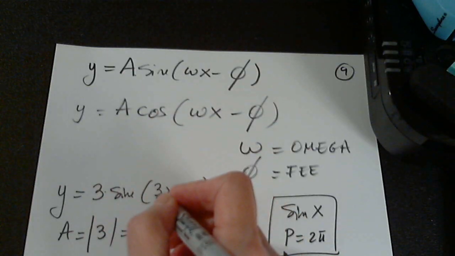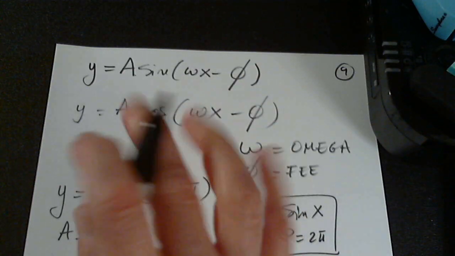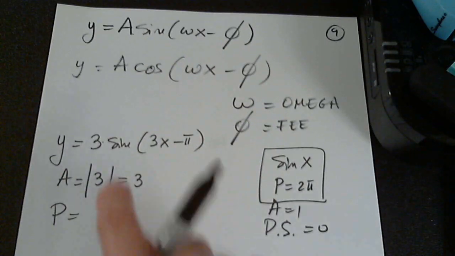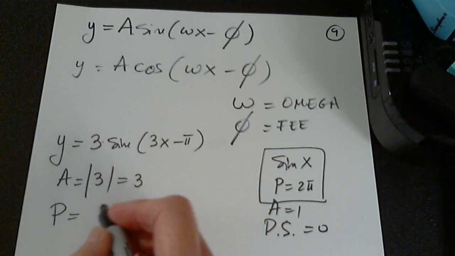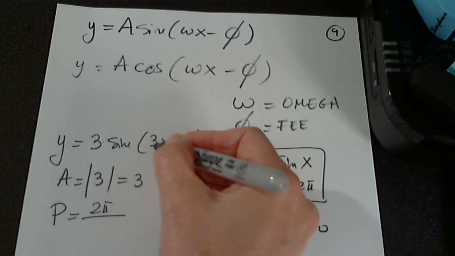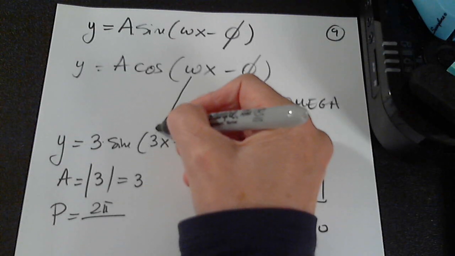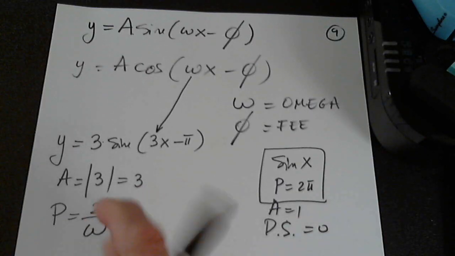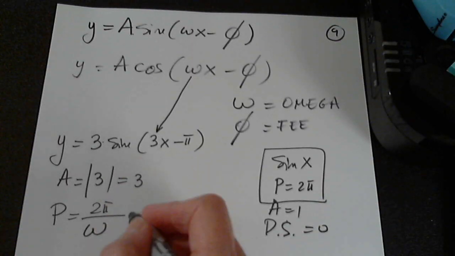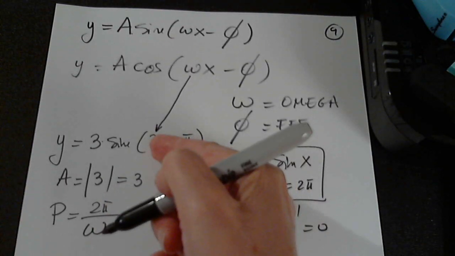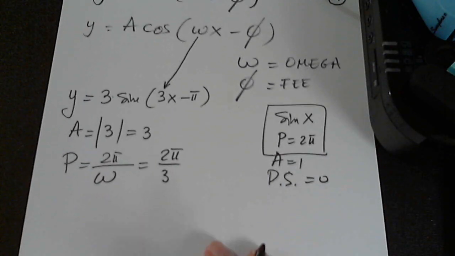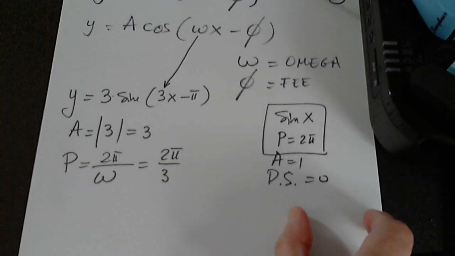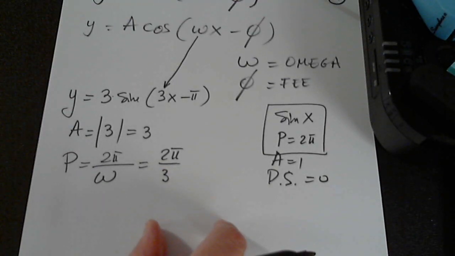Now, we have to factor out 3, but not before we find the period. The formula for the period is, because it's sine, 2 pi over omega. This is my omega, the number in front of x. So 2 pi over omega will give us 2 pi divided by 3, which means that this function will repeat in chunks of 2 pi over 3.